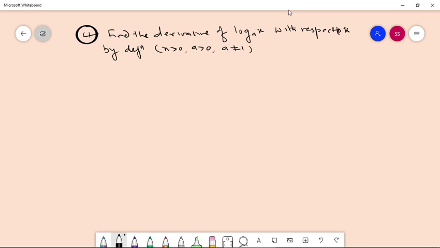This is the property of the logarithmic function.